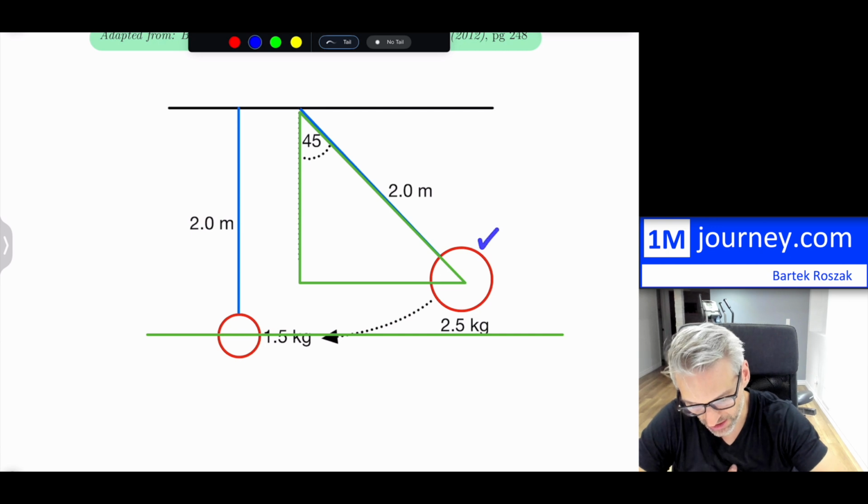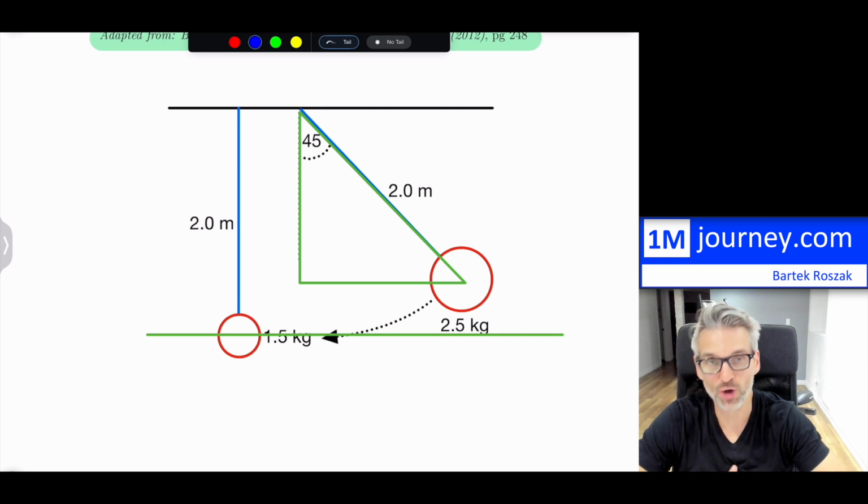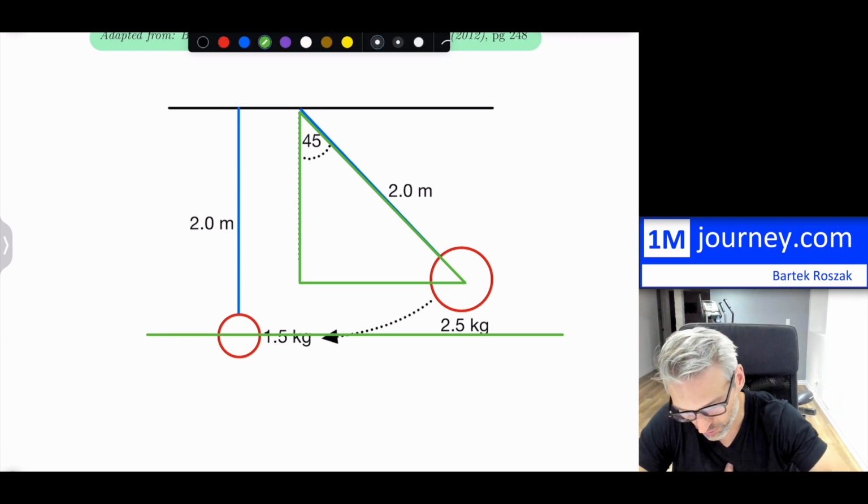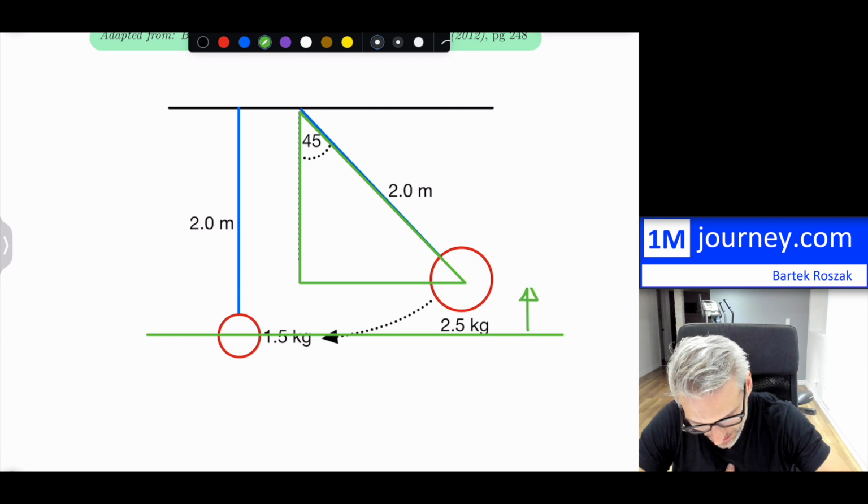Okay, so this is what I'm going to do. If this is initially at rest, but then when it's let go, then it has a certain amount of potential energy, right? Gravitational potential energy. Now, how much gravitational potential energy does it have relative to this point? Well, I would need to know what this height is right here. If I know what this height is, then I know that the gravitational potential energy is the mass of the object times gravity times the height itself.